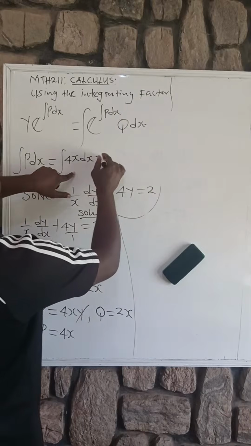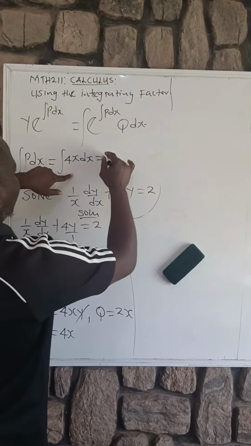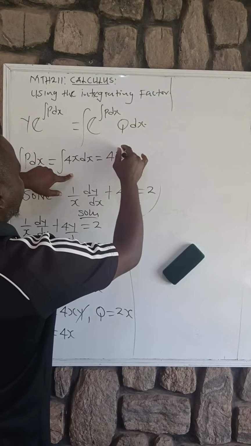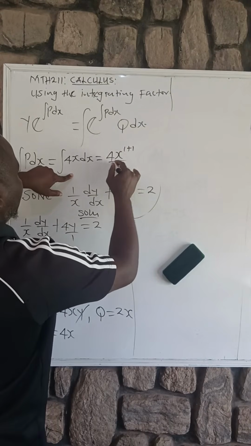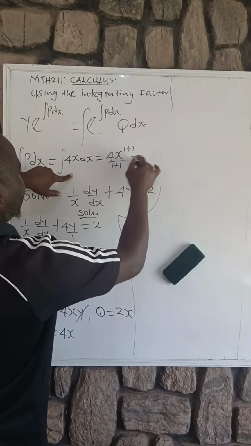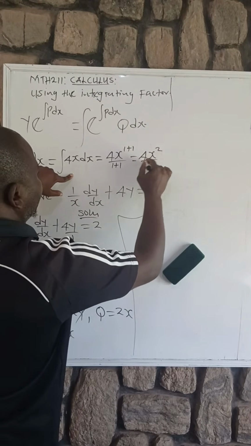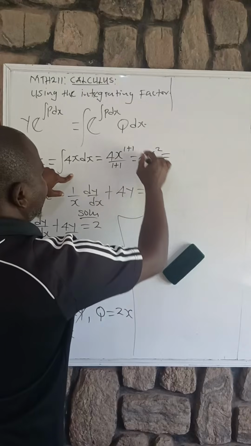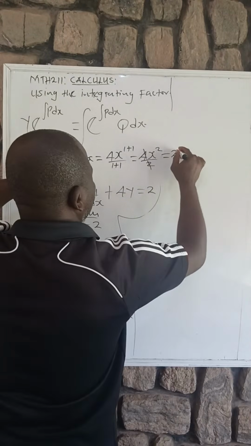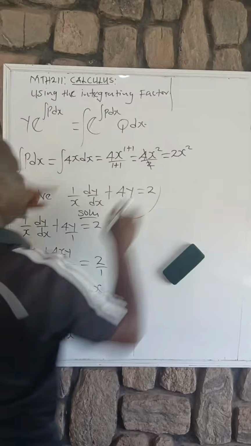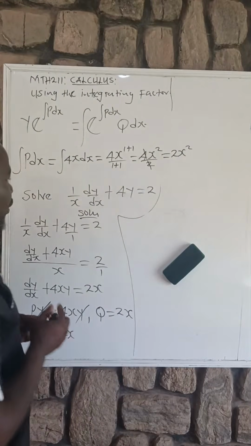So when you integrate 4x dx, you are supposed to have 4x raised to the power 1 plus 1 all over 1 plus 1, which equals 4x raised to the power 2 all over 2. Then this is the same thing as 2x squared, right? True or false? It's true, right?